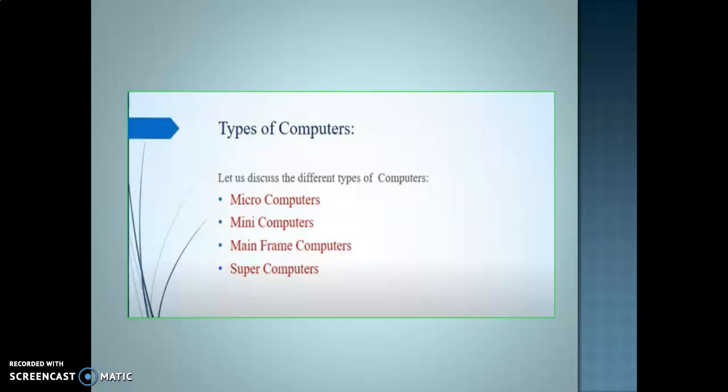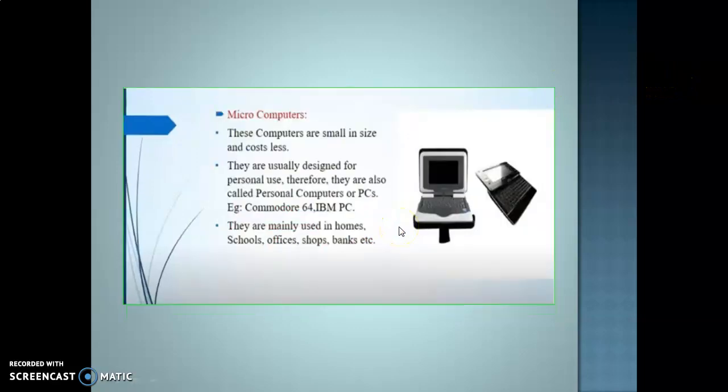Now we will discuss its size. The microcomputers, mini computers, mainframe computers and supercomputers. Microcomputers. These computers are small in size and cost less. They are usually designed for personal use, therefore they are also called personal computers or PC.